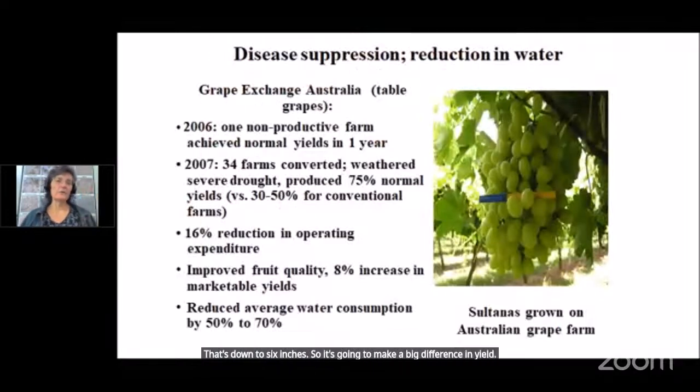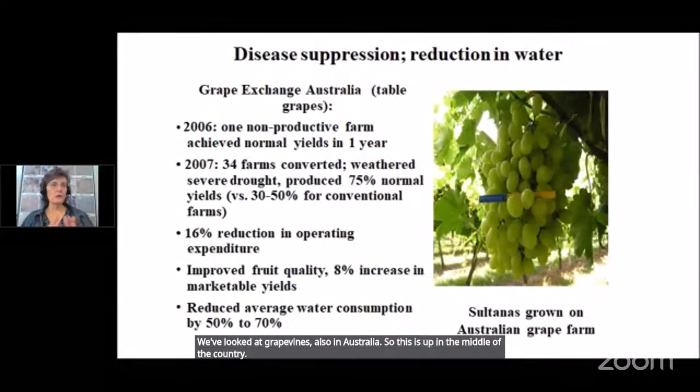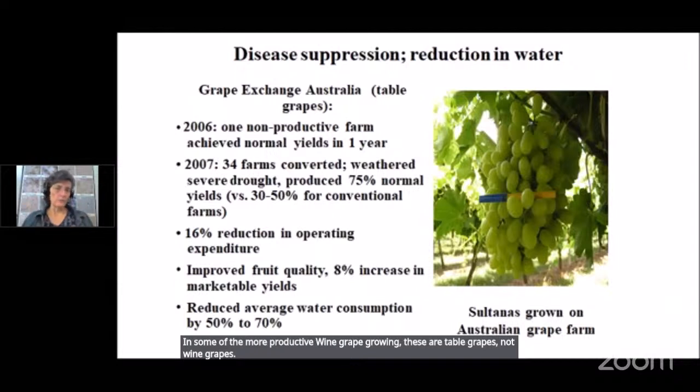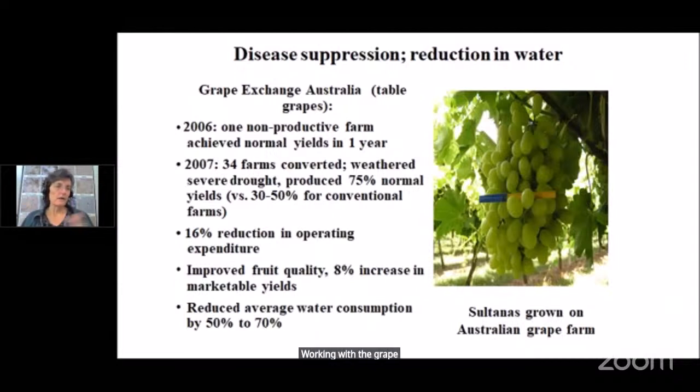We've looked at grapevines, also in Australia. So this is up in the middle of the country in some of the more productive wine grape growing. These are table grapes, not wine grapes. Working with the Grape Exchange in Australia, they gave us one non-productive farm.